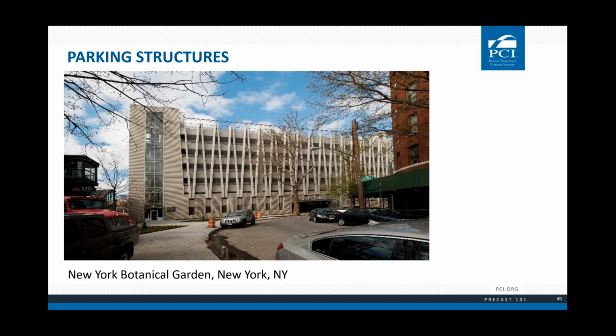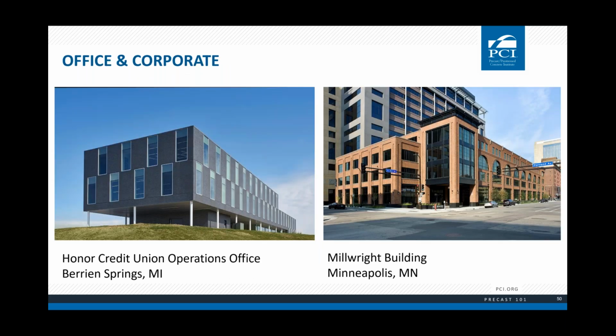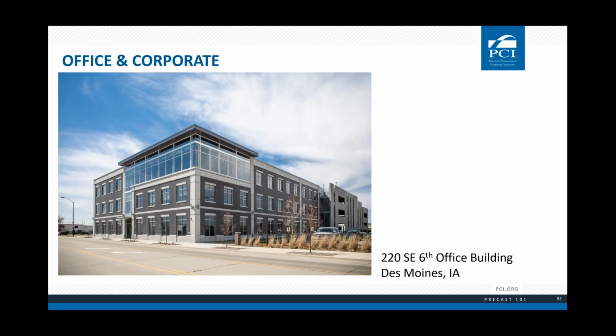Parking structures are typically a complete total precast structure, but as you saw in those photos, the exterior skin does not have to telegraph that it's a parking garage. Offices and corporate offices have always been a mainstay of architectural precast and structural precast systems.